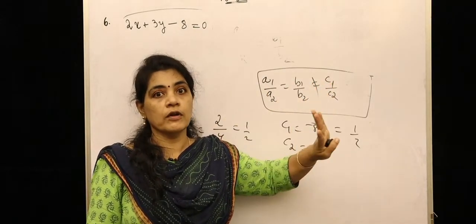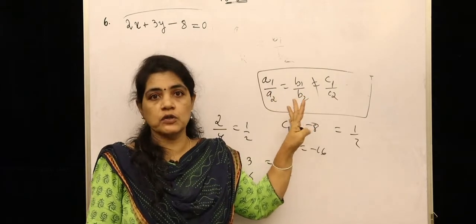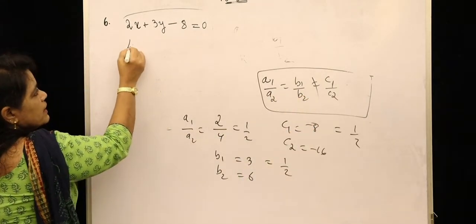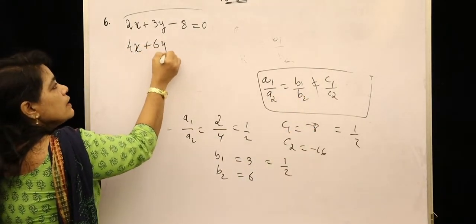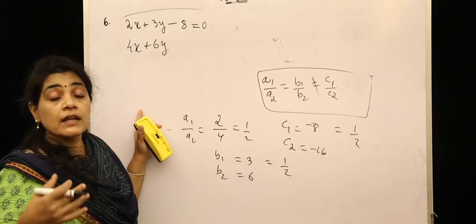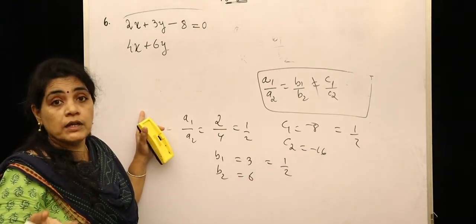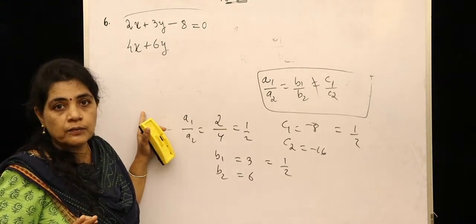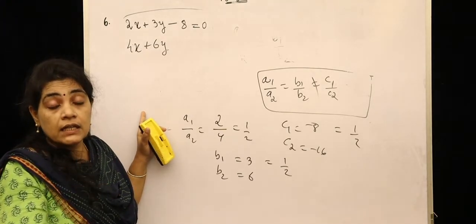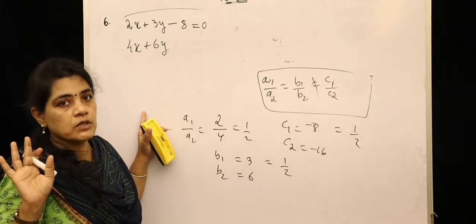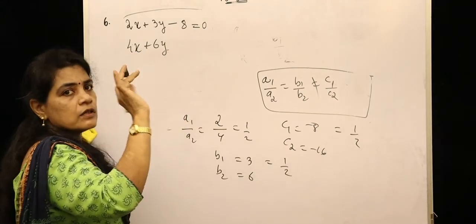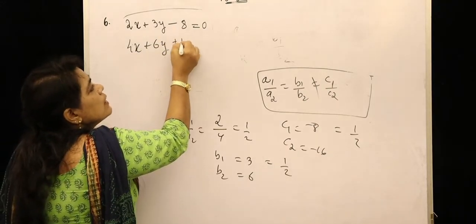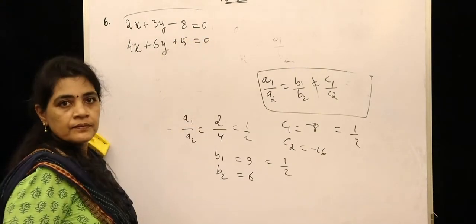There is no compromise on these first two ratios. So I am writing 4x plus 6y. You can write any values for A2 and B2, but the only condition is A1 by A2 equals B1 by B2, and that must not be equal to C1 by C2. So you can write any number plus y, no problem.